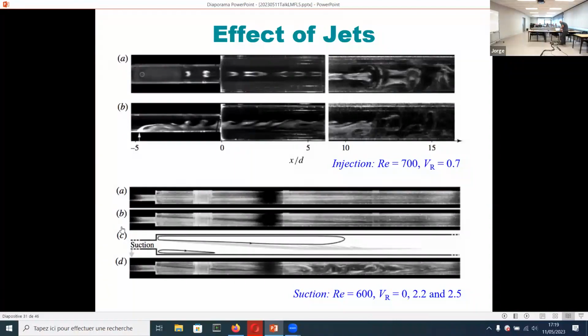We get hairpin vortices. In this case, in the bottom figure, we do a suction, and you see that the disturbance modifies greatly the recirculation region. You suck in the bottom, the top recirculation region increases very much and becomes unstable at the end of the recirculation.